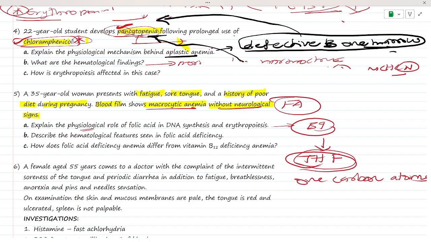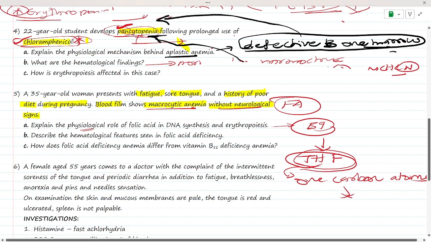Now, to understand one carbon atoms, you will be learning it in more biochemistry. If I tell it here, the video will be prolonged, so I just don't want to prolong the video. So vitamin B9 is converted to tetrahydrofolate, and this tetrahydrofolate is the carrier of one carbon atoms. Okay, now these one carbon atoms are necessary for the synthesis of DNA.